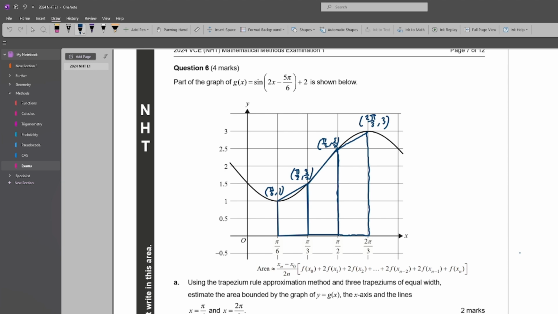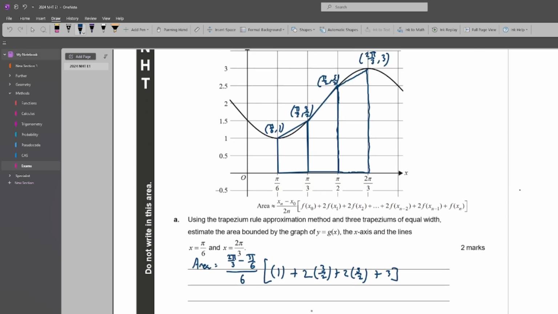So 1, and then plus 2 times the value of f at pi on 3, which is 3 on 2. Plus 2 times the value here, which is 2 times 5 on 2. And then plus 1 times our last value, the function at 2 pi on 3, which is 3. And that should be it.